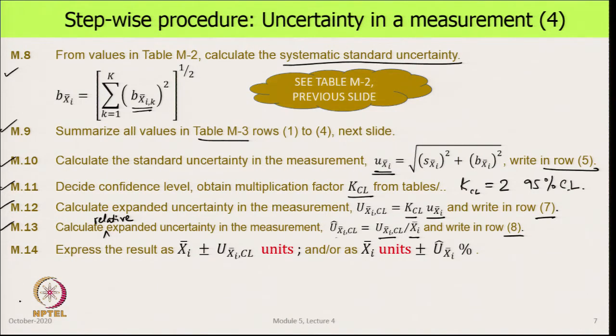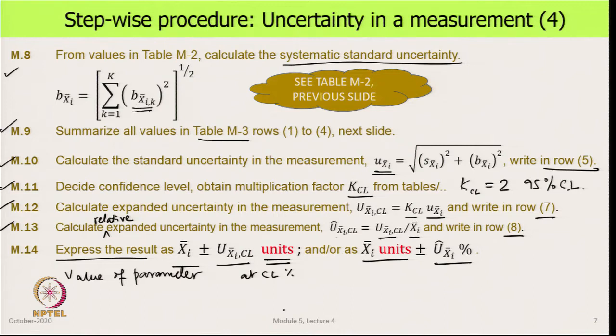And finally, the last step of this whole exercise is to express the result, which is the value of the parameter or the value of the measurand, either as the mean value plus or minus the expanded uncertainty in units, and of course this is at a certain confidence level, or as the mean value with its units plus or minus the relative uncertainty as a percentage.